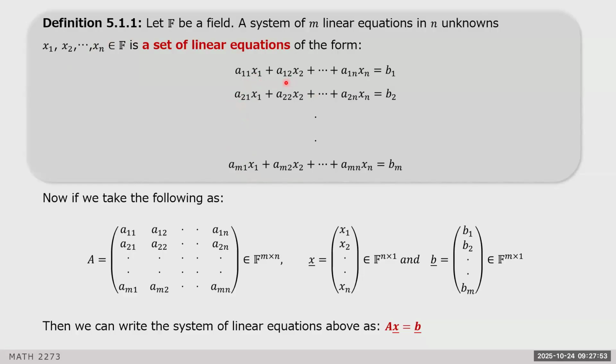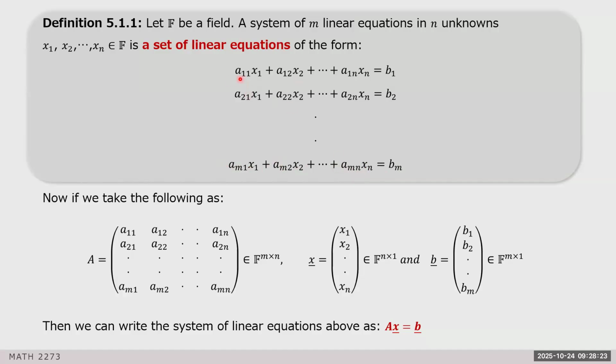So for example, A12, the first index is 1, means you are on level 1, the first equation. The second index is 2. It means this is the coefficient of x2. So Amn. The first index is m, which means you are on the mth equation, which is the last equation, and you are the coefficient of the nth unknown, right?